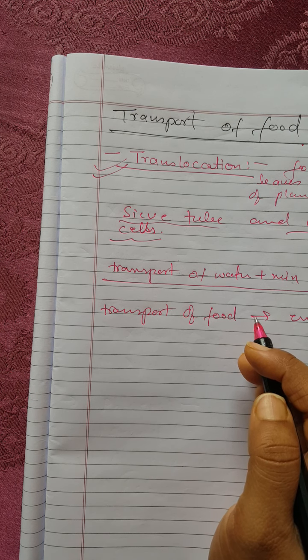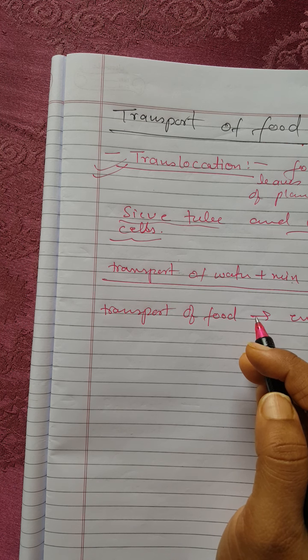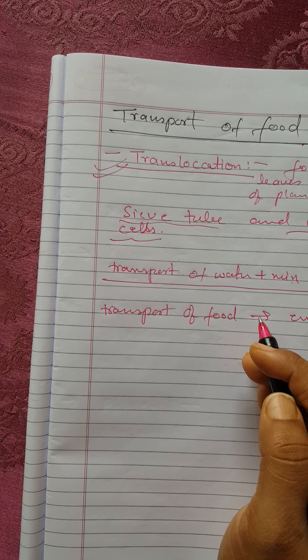In this process, what actually happens is that glucose is transferred to phloem tissue using energy from ATP. You know that energy is released in the form of ATP, which we call the energy currency. This increases the osmotic pressure of the tissue, which causes water to move into it.